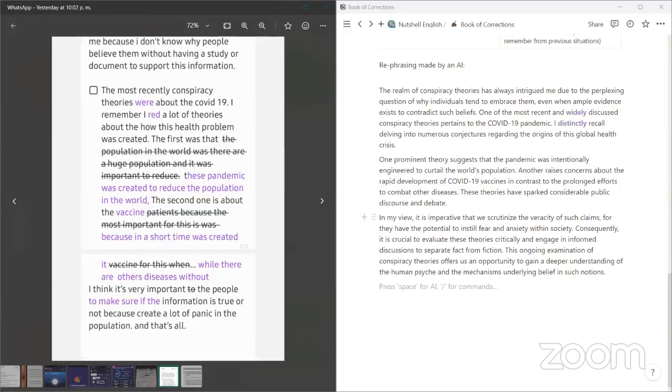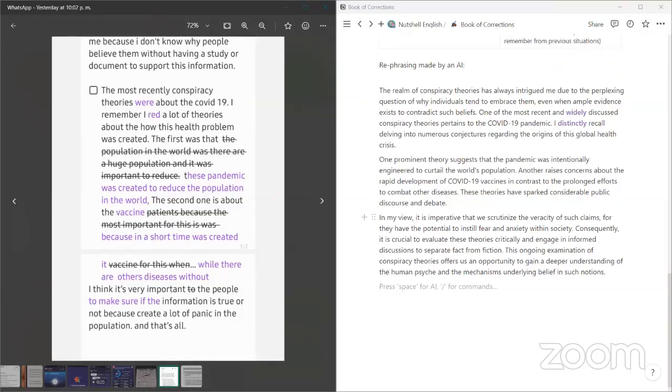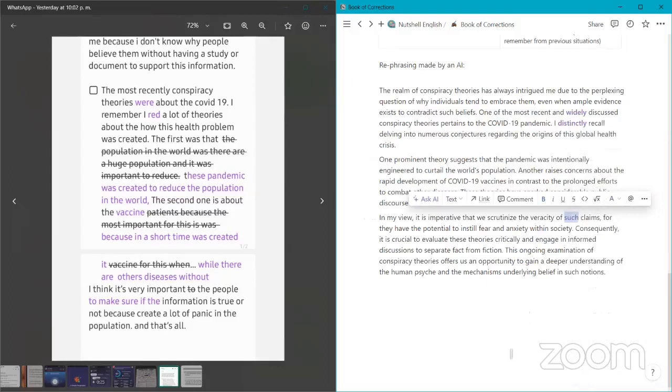In my view, it is imperative that we scrutinize the veracity of such claims, for they have the potential to instill fear and anxiety within society.